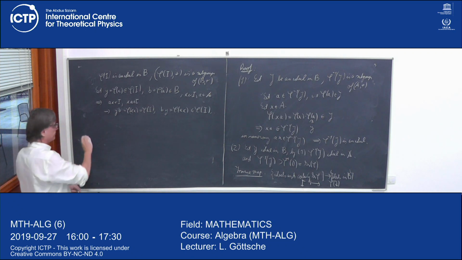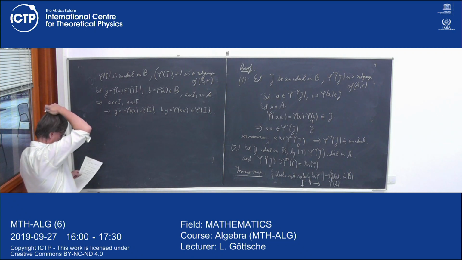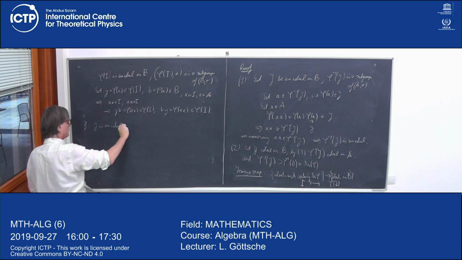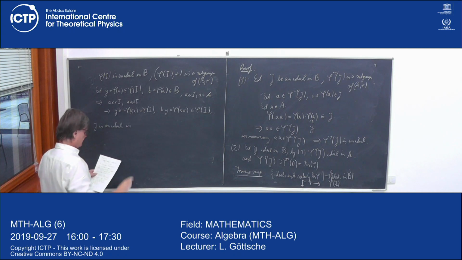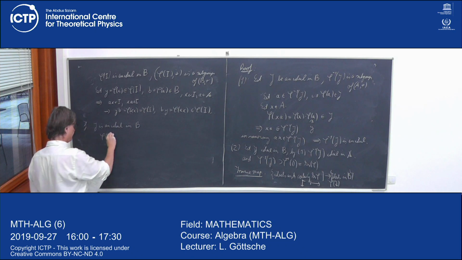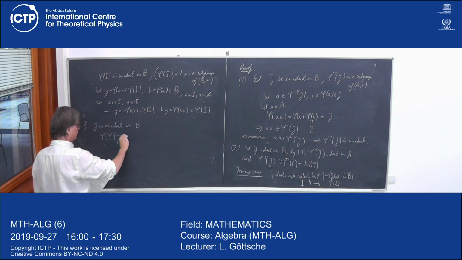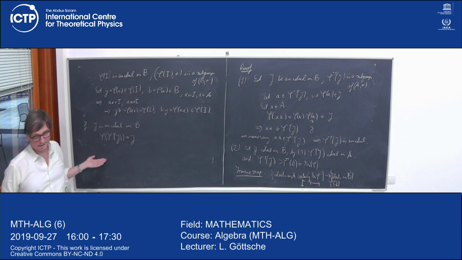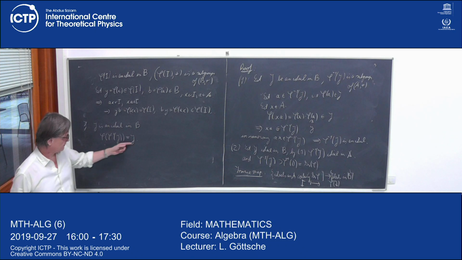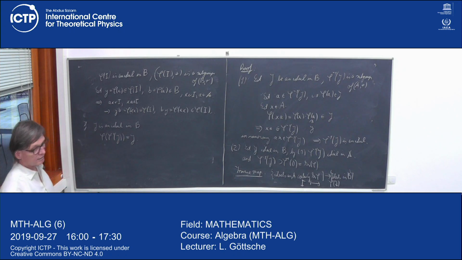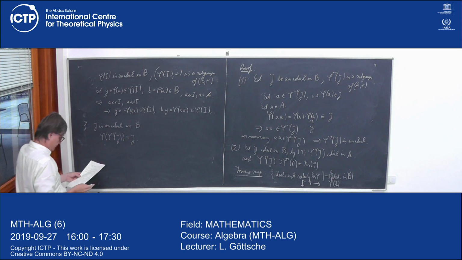So clearly, if J is an ideal in B, then if I take phi of phi to the minus 1 of J, this is J. And for any subset, this is the case. So we see that in this direction, if I first apply phi to the minus 1, then phi, this is the identity, so the inverse. Now I have to show that the other composition is also the identity.